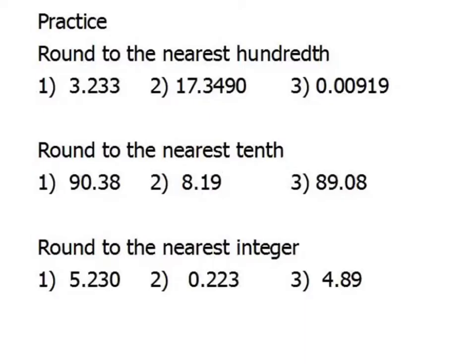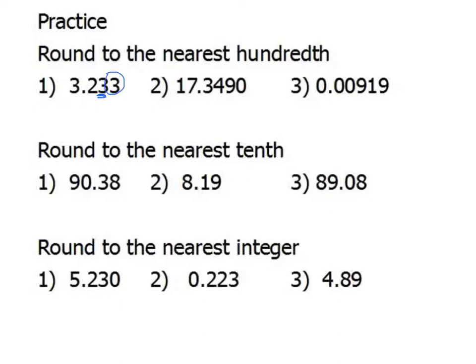So let's try one. Number 1 says to round to the nearest hundredth. Well, I know that the 2 is in the tenths, so this 3 right here is my hundredths place. So if I were to refer to my notes, it says to underline the place we're rounding to and to circle the number to the right.